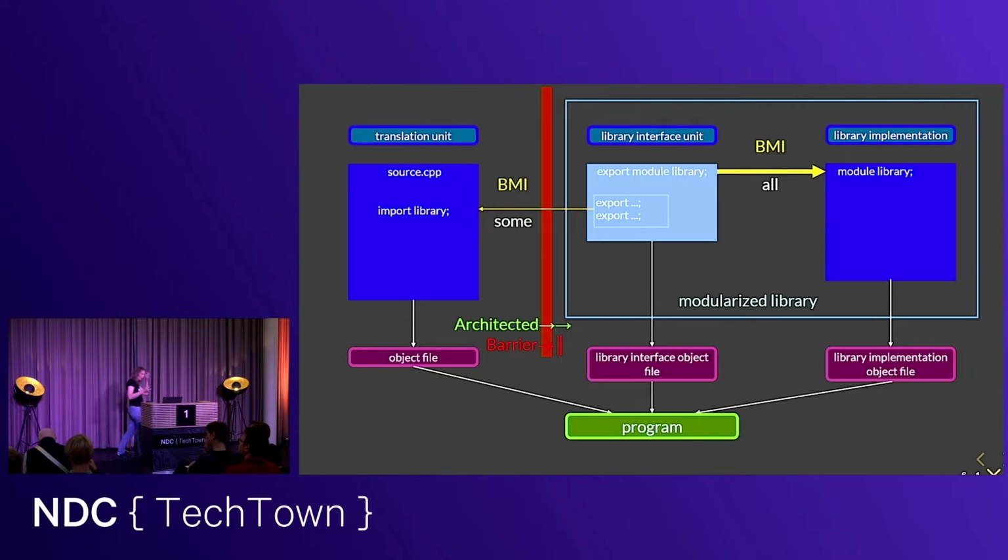And the difference is the constituting parts of a module see all of the entities that are stored in a BMI, whereas only selected parts of the contents in the interface become available to the users outside of the module. So you can tightly control what you make available to the users of a library.